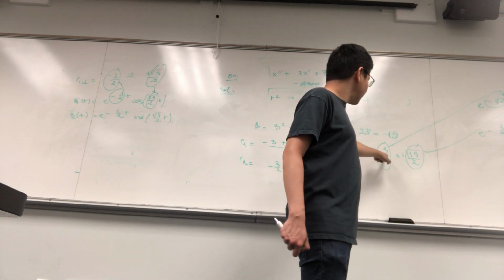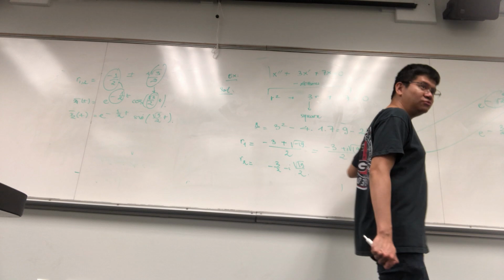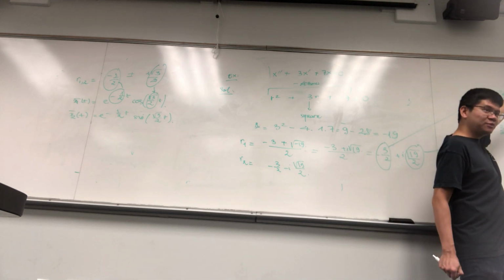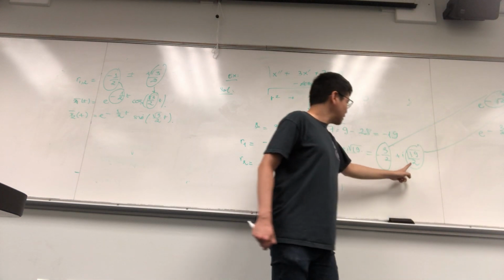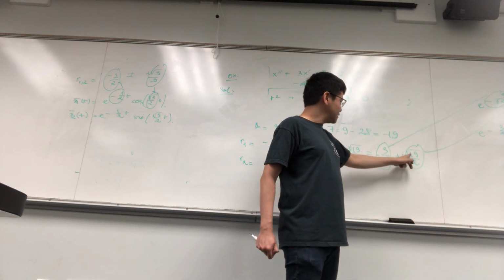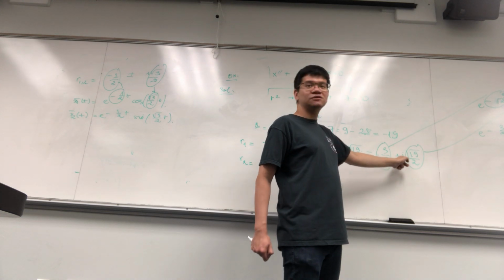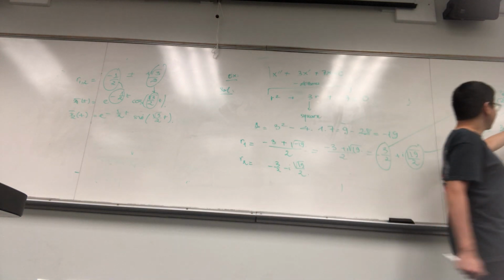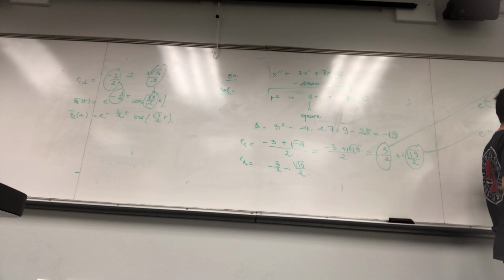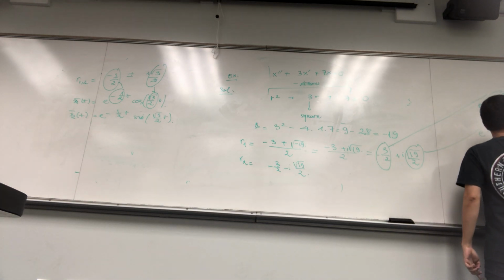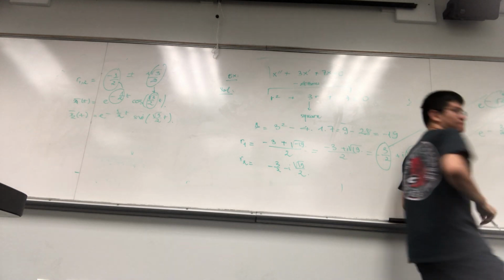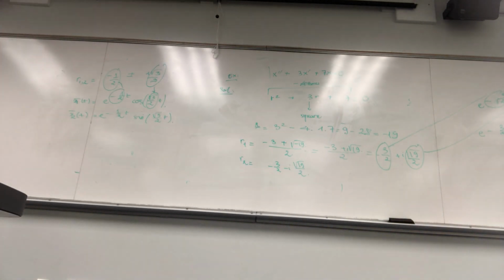For the real part, you have minus 3 over 2, so you put it into the argument of the exponential: exponential minus 3 over 2 t. The other term is square root of 19 over 2, which is associated with this i. You put the cosine of that and the sine of that, and in both cases, don't forget the t. The t has to be everywhere. Questions? This is very simple.